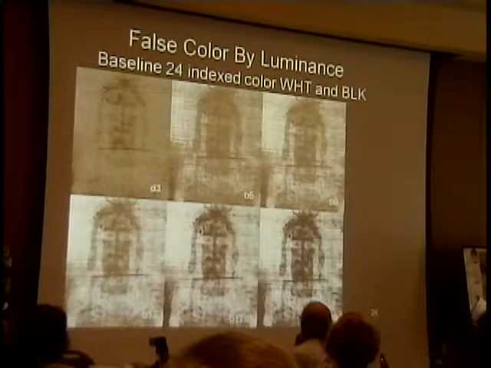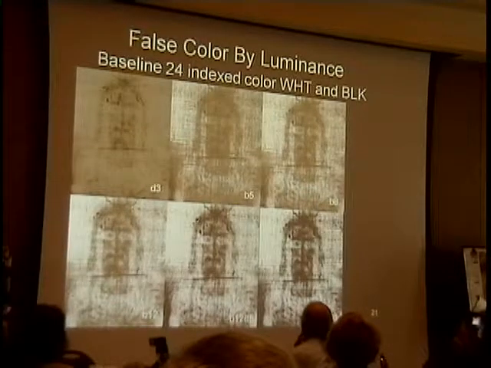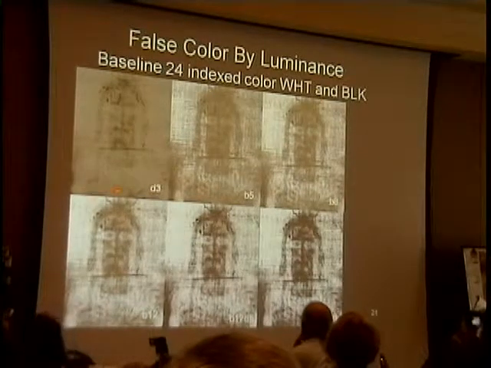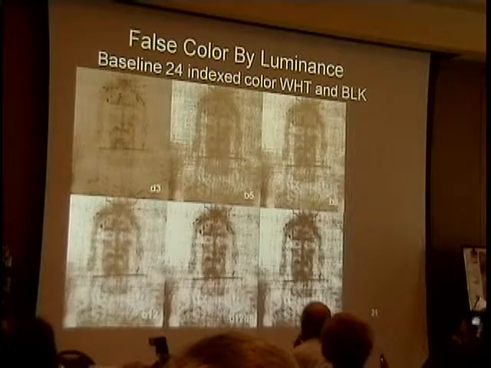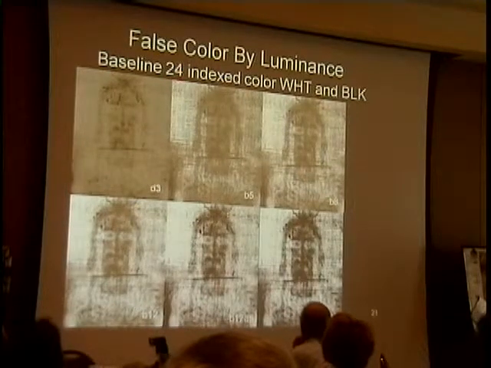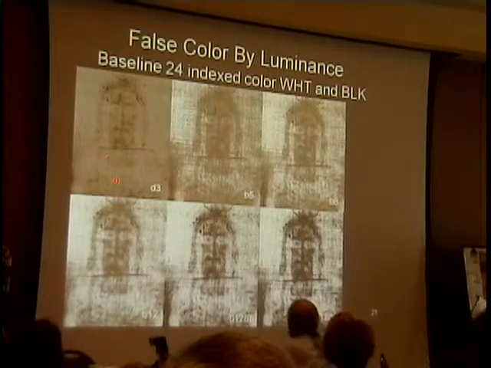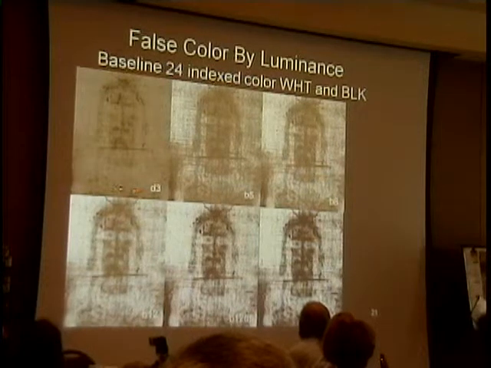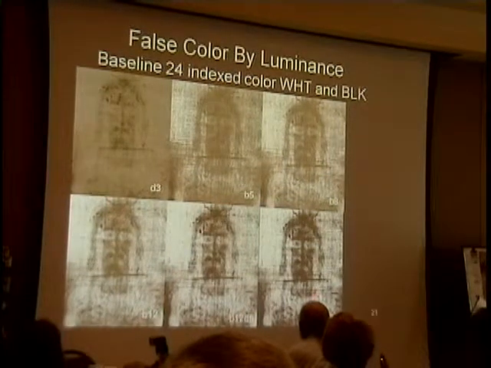Now, Kevin Moran mentioned it to me, and I said, well, you know, I kind of saw that myself. Now, here's another example of false color. You can plug false color, and here's what I'm doing. I started out with the Shroud image. I converted it to 24 index color, and I started plugging black in for the darkest pixels and white in for the lightest.